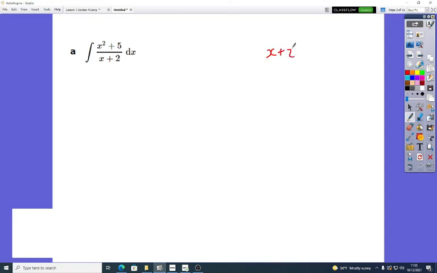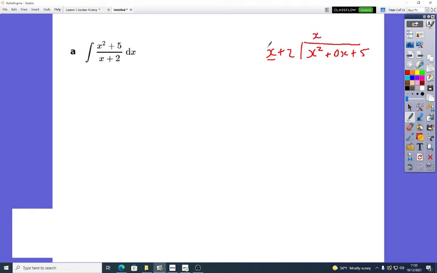Okay, so that is the x plus 2, and you are dividing that into x squared. Now note that you've got x squared, you've got 0 x's, so you must put 0x here, and plus 5. So the first thing you do is x into x squared, that will give me x.